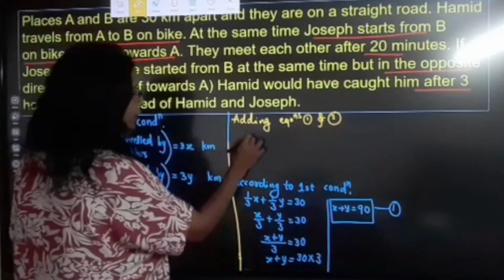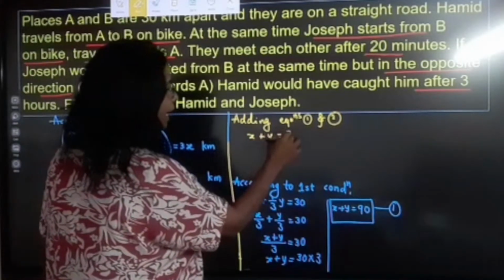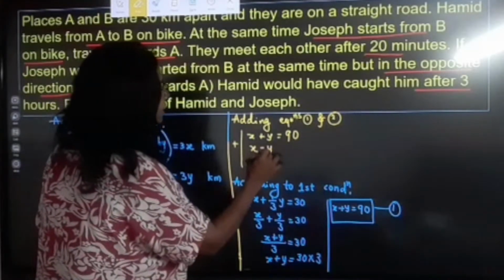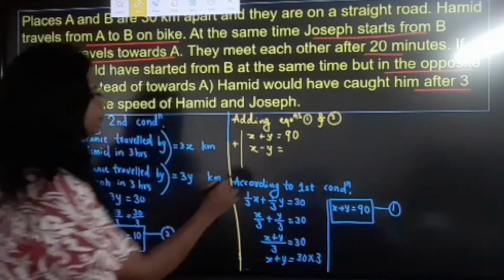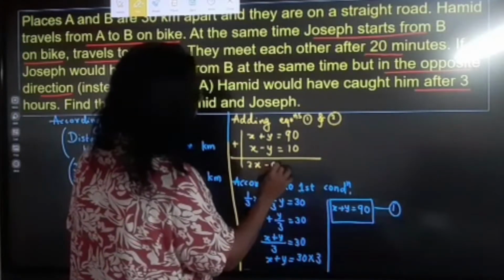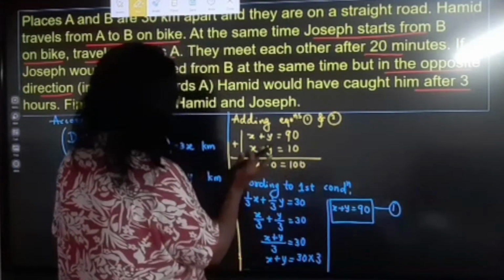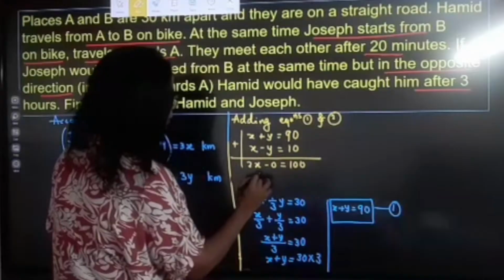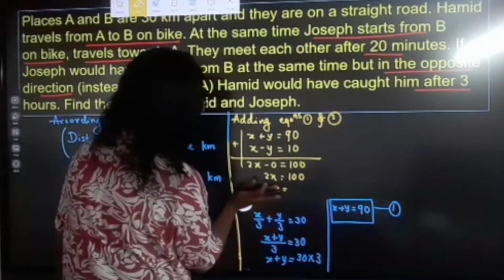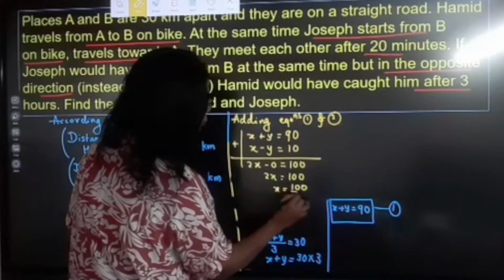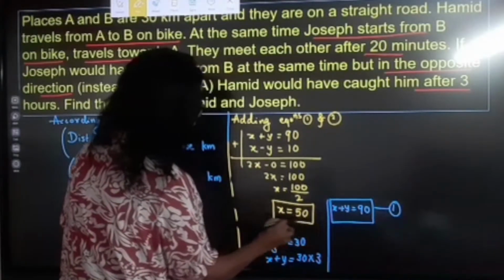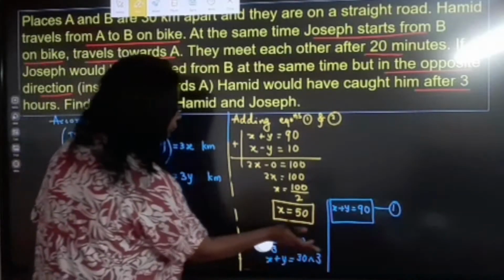The first equation is x plus y is equal to 90, plus x minus y is equal to 10. So students, 2x minus 0 is equal to 100. So 2x is equal to 100, x is equal to 100 upon 2, so x is equal to 50.